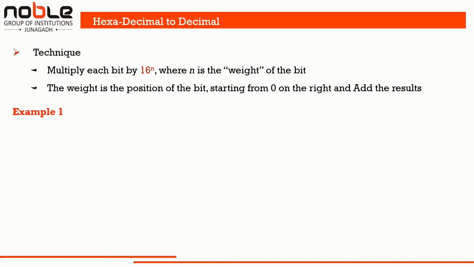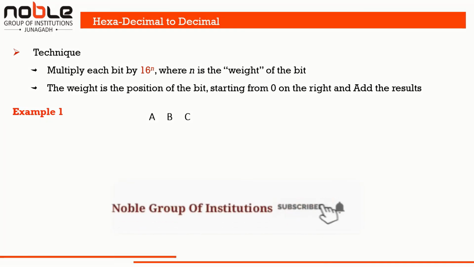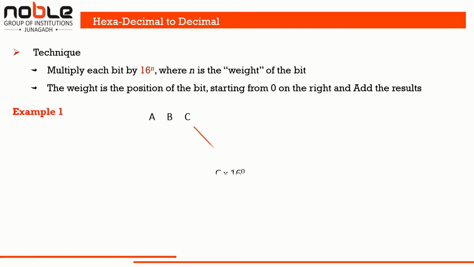Let's take one example for understanding. The ABC hexadecimal number has to be converted into a decimal number. Now we have to multiply each digit by 16 raised to n. It means C into 16 raised to 0 plus B into 16 raised to 1 plus A into 16 raised to 2.